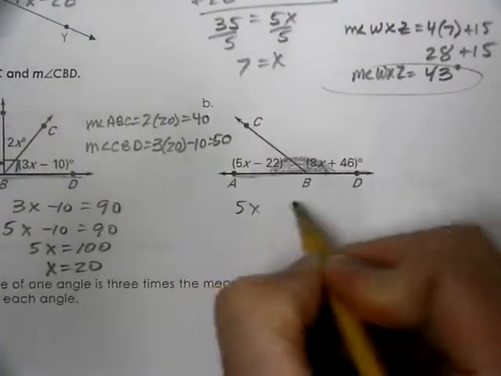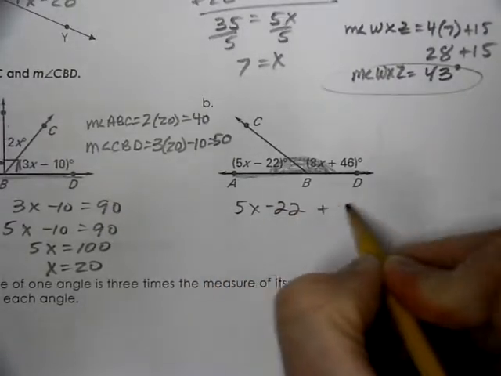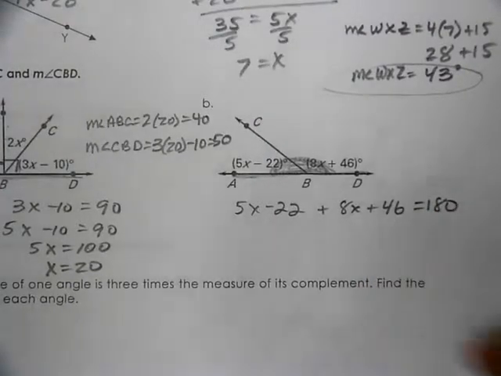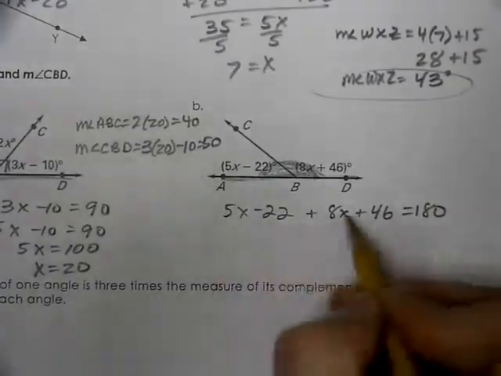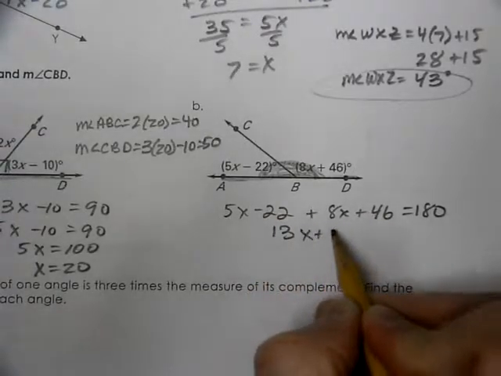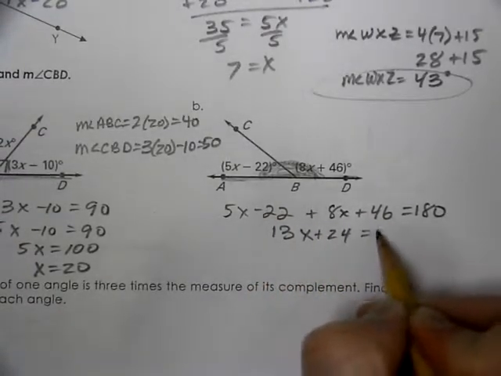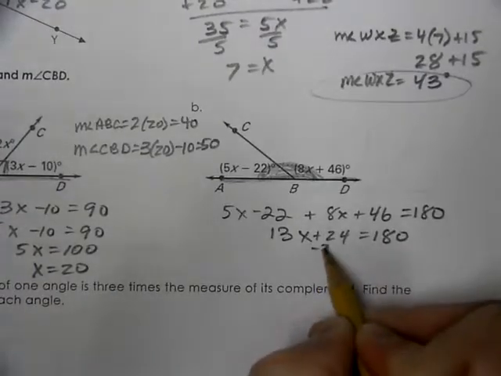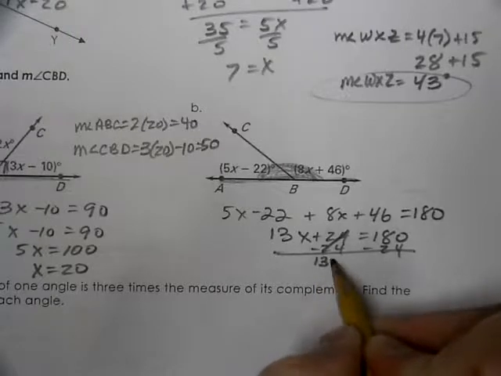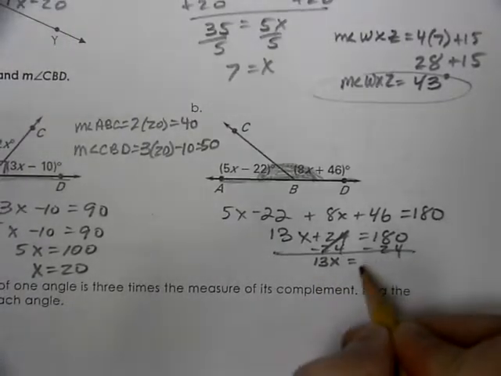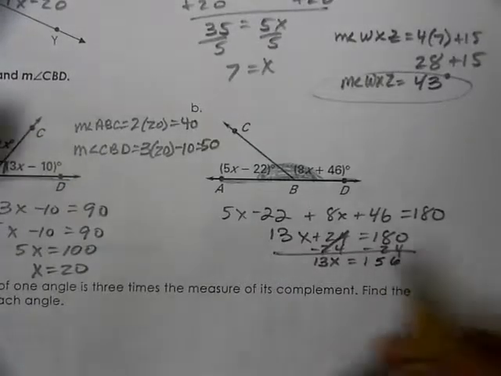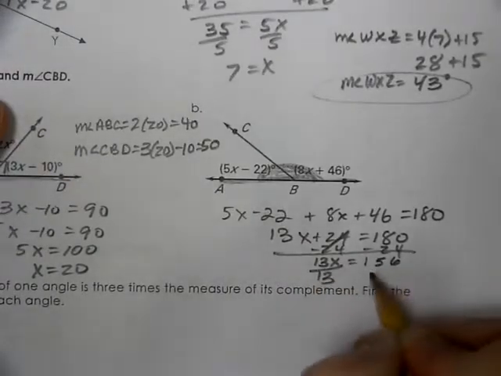So 5x minus 22 adds together to be 180. Collect our like terms. Do the subtraction property of equality. Divide by your 13.